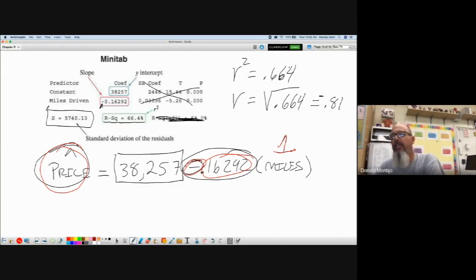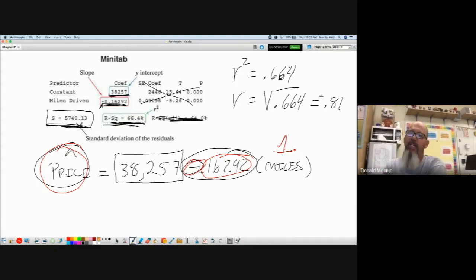That on average, each one of our predictions was $5,740.13 off from the actual value. Each prediction on average was off by $5,740.13. So again, we need to be able to find the slope, the y-intercept, R and R squared, and S.